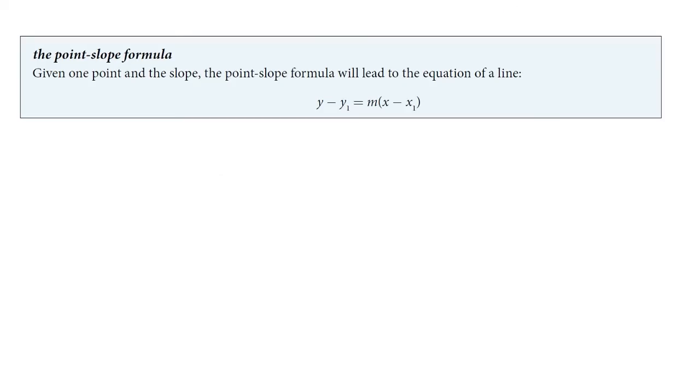Often we see a problem where we're given 1 point and the slope of the line. In that situation, we use the point slope formula because we've got a point and a slope. That is y minus y1 equals m, the slope, multiplied by the quantity x minus x1, where the point is x1, y1. The slope is m.